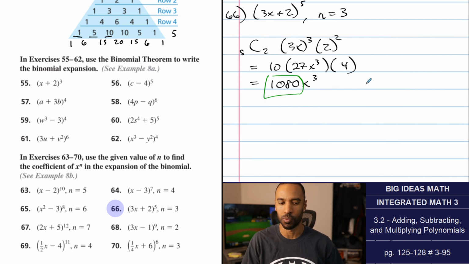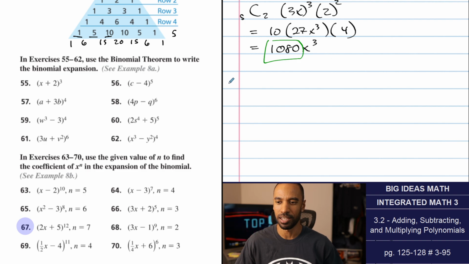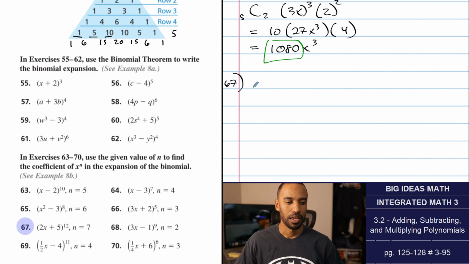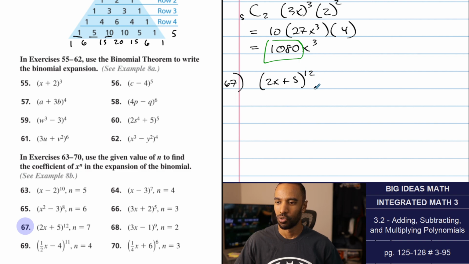I won't know it for this next one, 67, where it's 12, because I don't know row 12 on this. That's where combinations are probably better than Pascal's triangle, unless you have Pascal's triangle handy up to whatever number you want. Number 67, we're going to do 2x plus 5 to the 12th, where n equals 7. So we have to raise 2x to the 7th power.